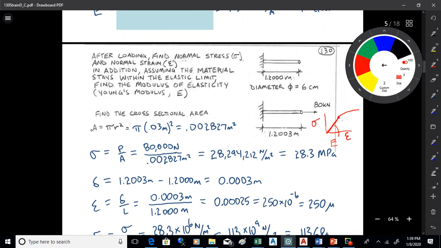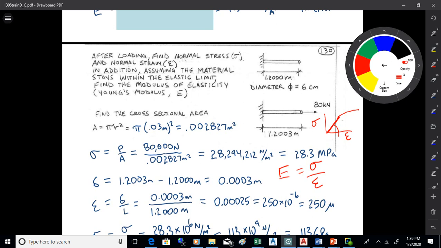Strain is epsilon, not to be confused with E. They're different things. Now, what E is, is the slope of that straight portion of the line. So it's the stress over the strain. E gets you that property of the material that tells you how much it elongates for a given amount of load.